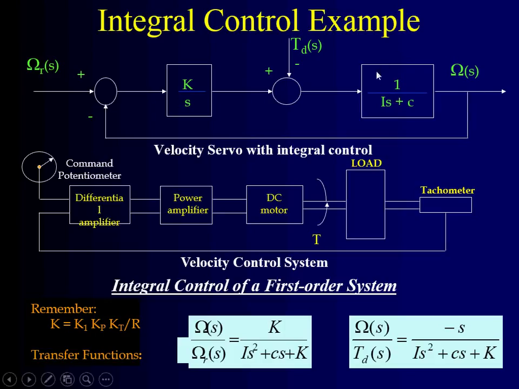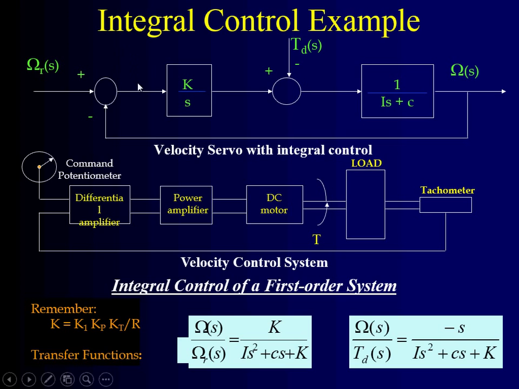So this is the system. You measure something, and then you compare with some set value that you have. If the two signals are the same, the error is 0. If the two signals are different, then you have an error.